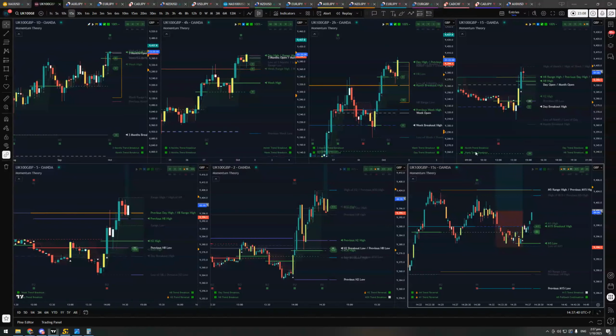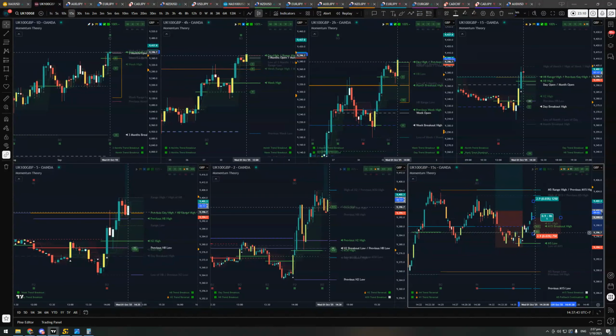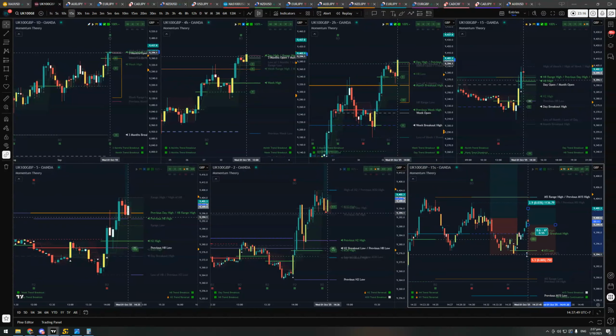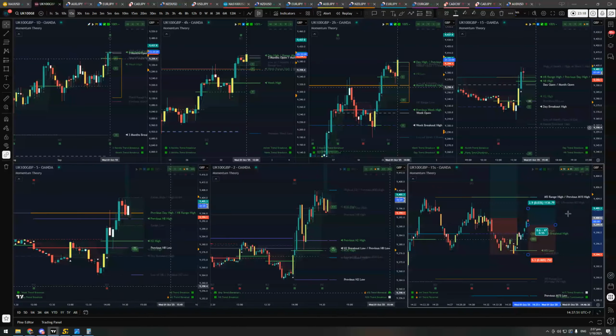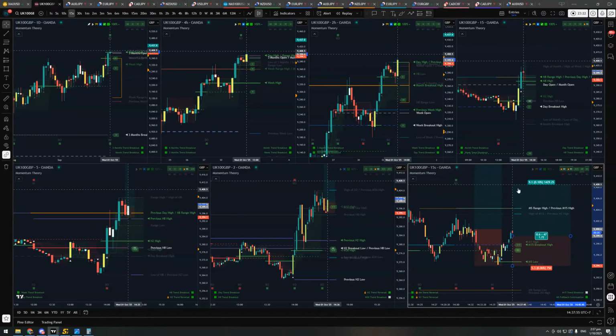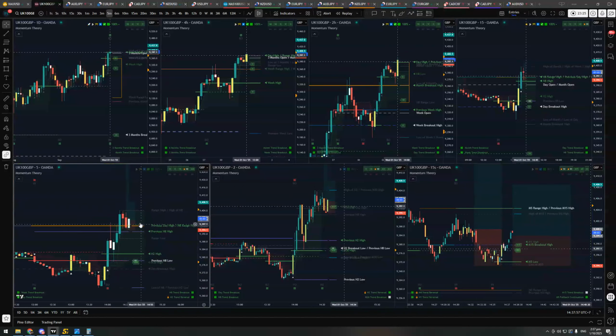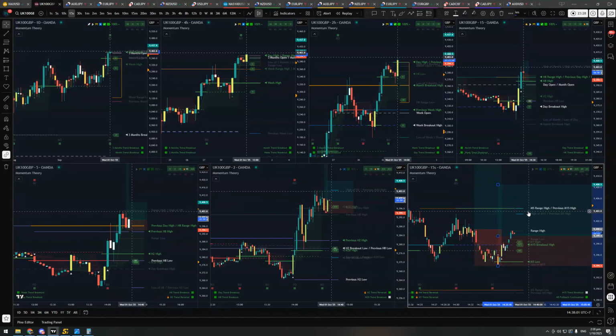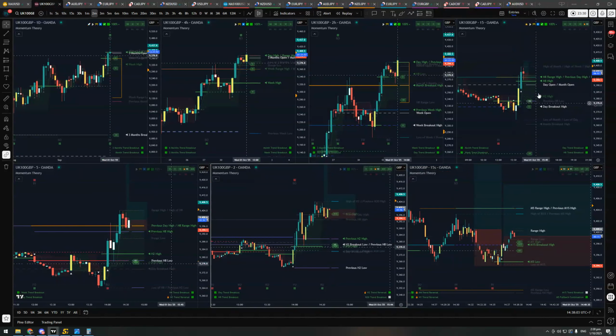Okay, second position in. Same stop loss. Probably should have kept the M15 stop loss instead since I'm trading the M15. But it's all right. Didn't change the position on MetaTrader here.